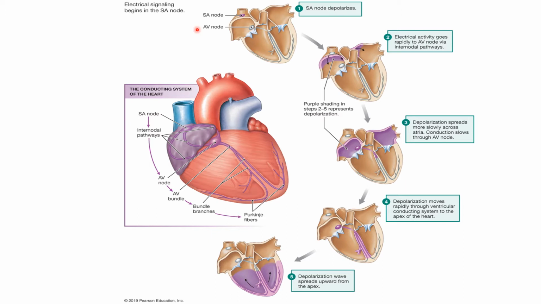What if your AV node fails? Then the Purkinje fibers are going to take over, and those are very slow. Those are going to set your heart rate to 25 to 40 beats per minute. And so it's really very hard to survive on your Purkinje fibers because your heart rate is going to be extremely slow.